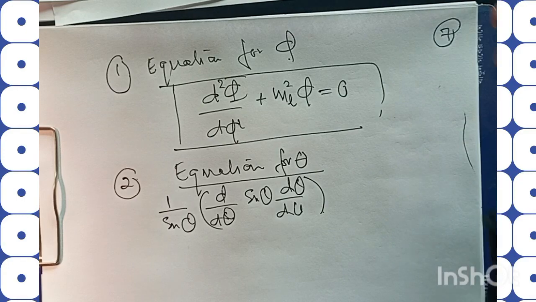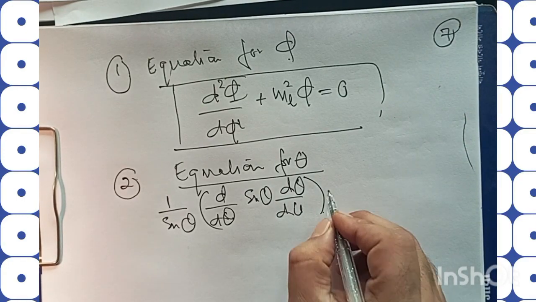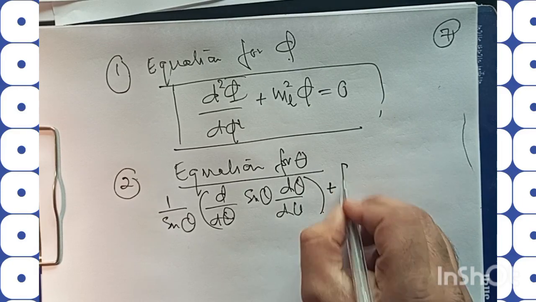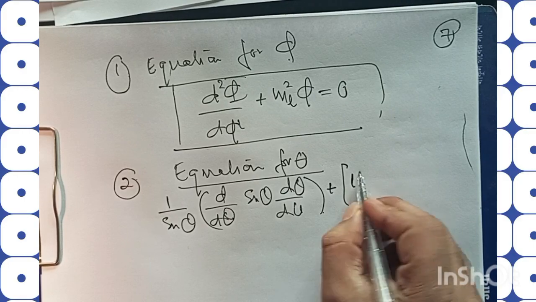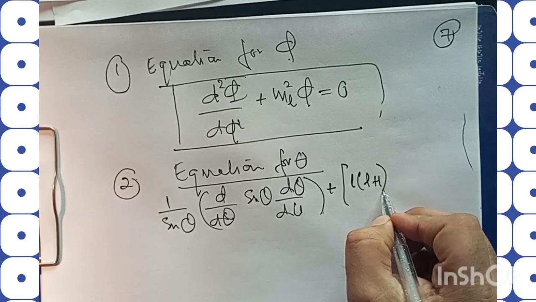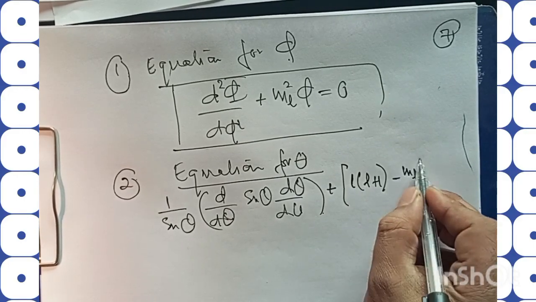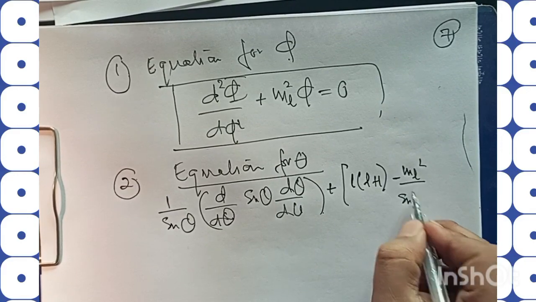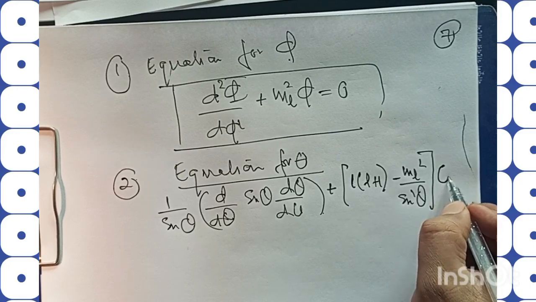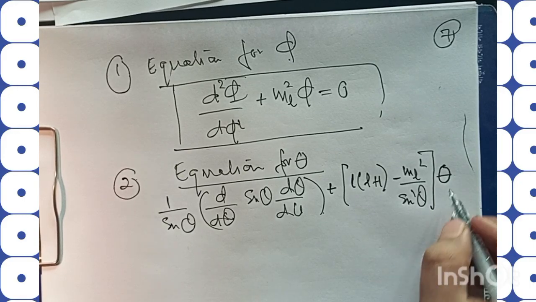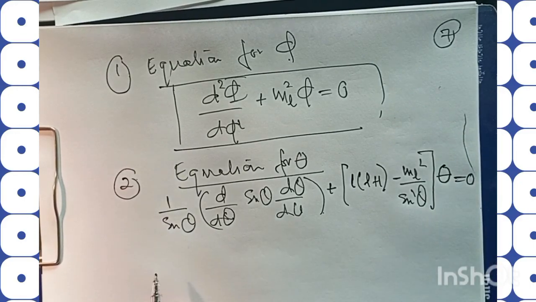And what I would like to do is to transfer this L into L plus 1 to the left hand side and put it in some bracket. So in transferring the terms, I'll get L into L plus 1, then minus ml square by sine square theta. This whole thing, with theta, is equal to 0. So we have a separate equation for theta.